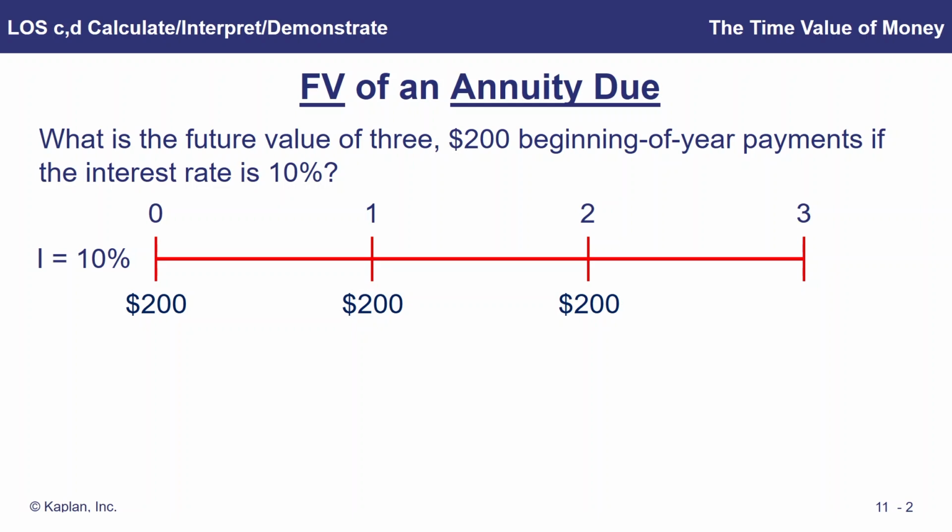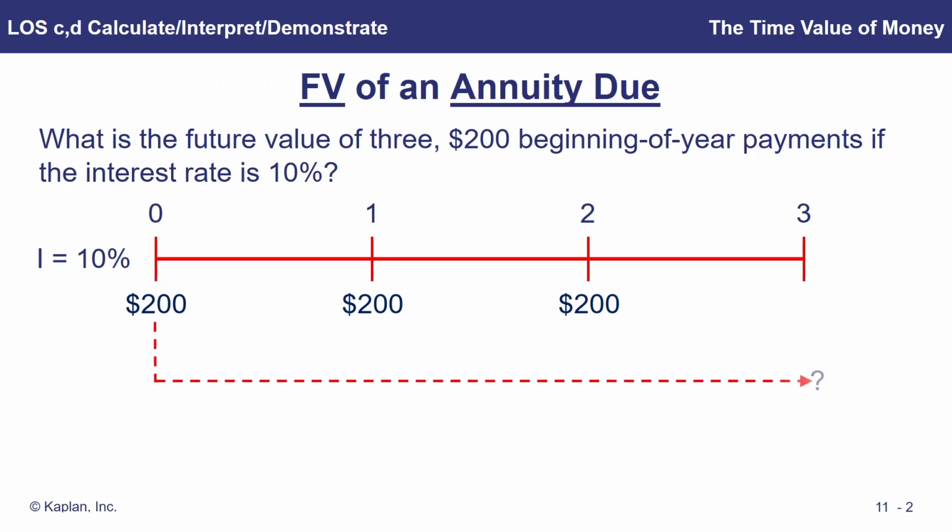Remember, when we see that phrase annuity, it means equal payments or receipts with equal spacing. And when it says due, it means the first cash flow is paid or received at the beginning of each period. So at the beginning of the first year, beginning of the second year, beginning of the third year. So at T0, T1, T2 here.